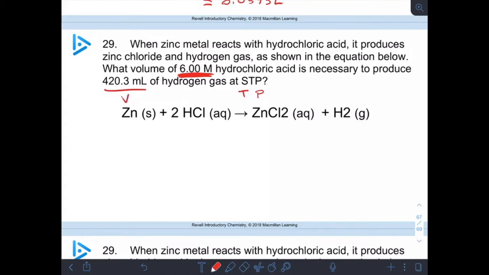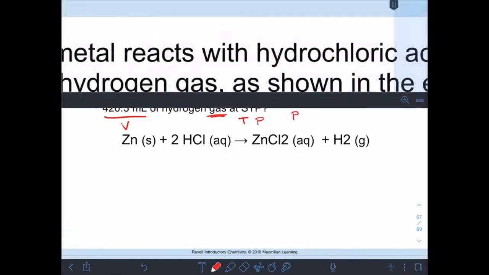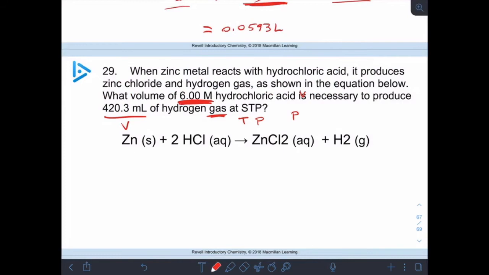And it's a gas. So PV equals nRT. We've got the pressure, the volume, the temperature, and R is a constant. So that's going to get us to moles. So that's where we're going to start with this problem.